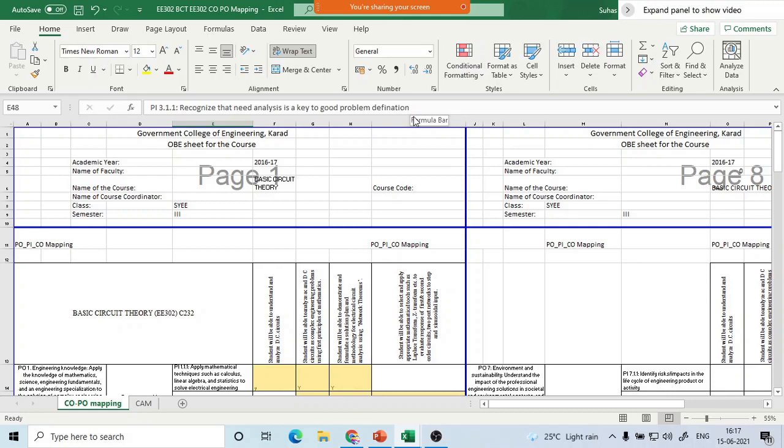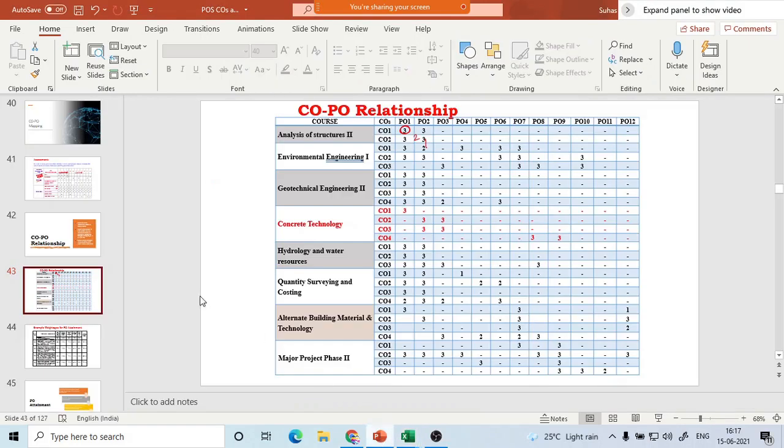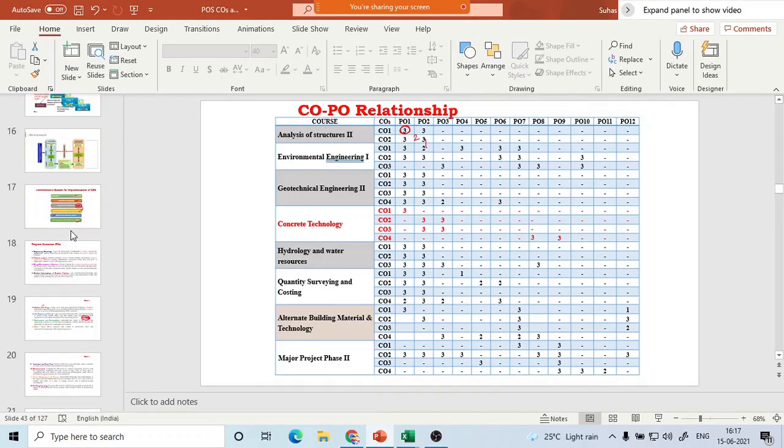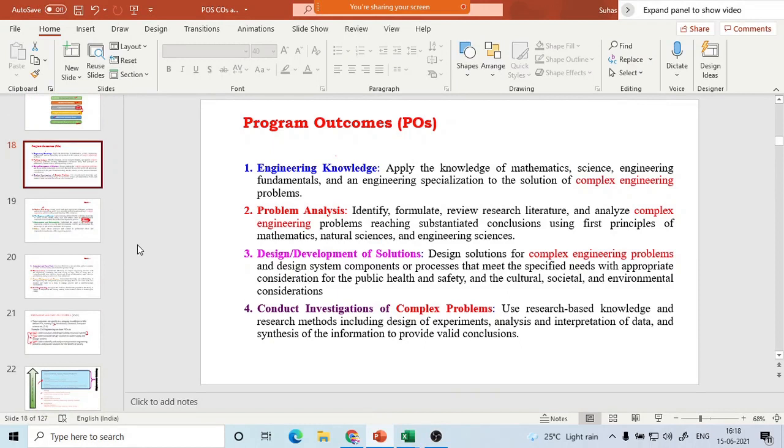Okay. If you look into the program outcomes, just go to the program outcome statements so that we can understand easily. First is engineering knowledge. This can be for any kind of branch. It is not expected that it should be only mechanical or electrical. These POs are nothing but guidelines created by NBA.